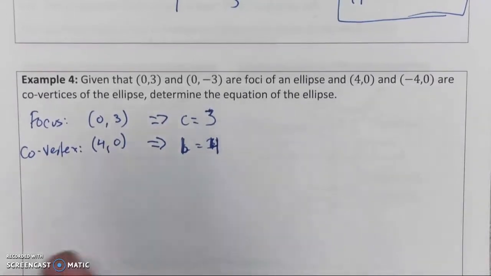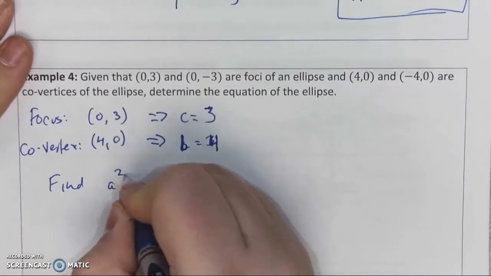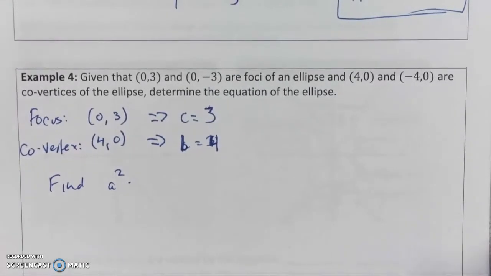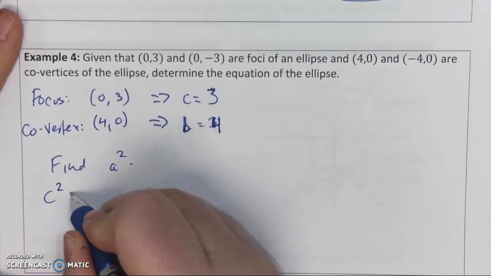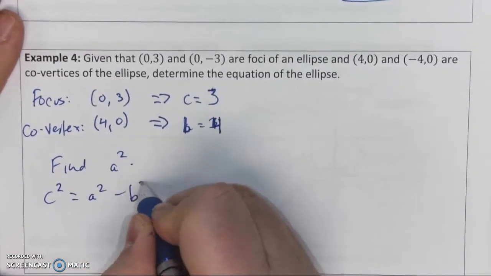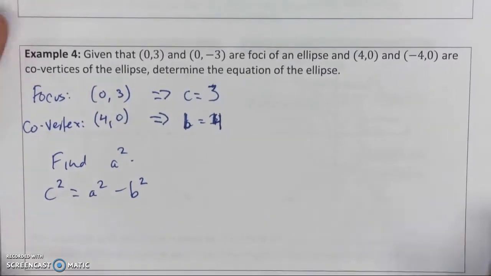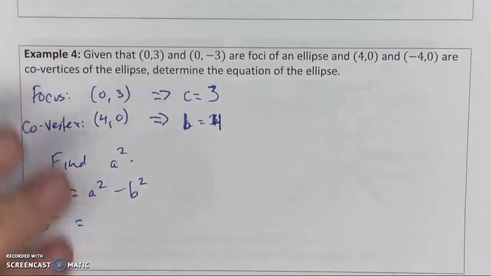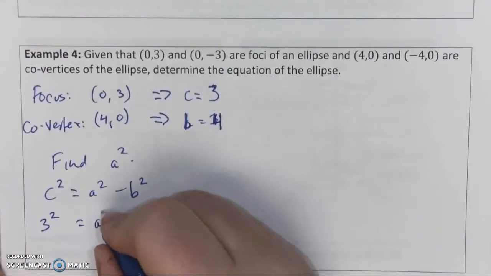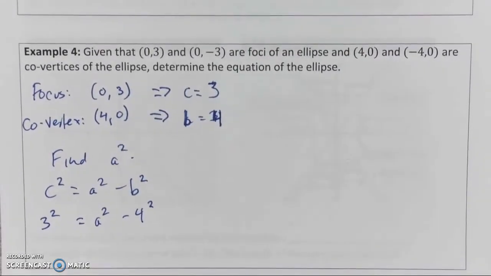So we could sometimes use c to do that, and we're going to have to use c in this case. So we're going to need to find a squared. So just writing the equation, c squared equals a squared minus b squared. Since this equation relates your a, b, and c together, in this case, c is 3, so 3 squared equals, we don't know a squared, but we know b is 4, so that'll be minus 4 squared.